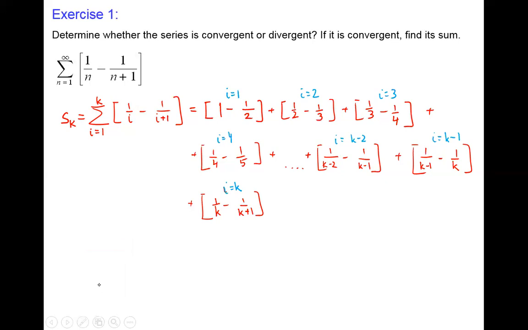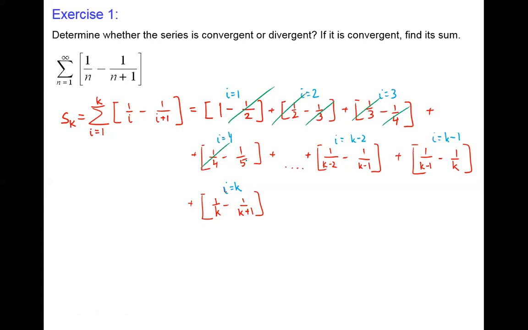As I said, it's a method of differences, and I can simplify lots of terms. We can see part of the terms. I have negative 1/2, and in the next term I have positive 1/2. That means negative and positive cancel, then negative 1/3, positive 1/3, negative 1/4, positive 1/4.